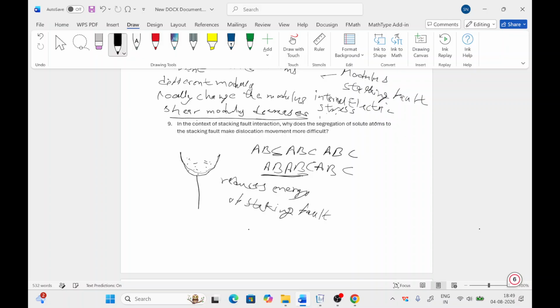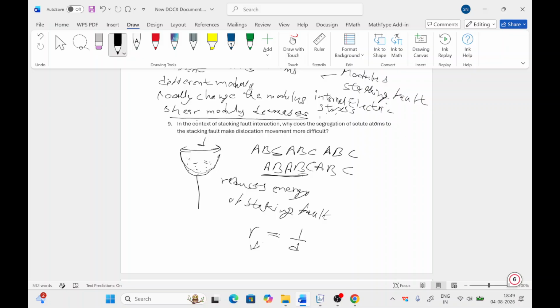And we know that the energy of the stacking fault varies inversely proportional to this distance. So because the energy will be less, the motion of the dislocation partials will be difficult when clusters of atoms are present between the two partials.